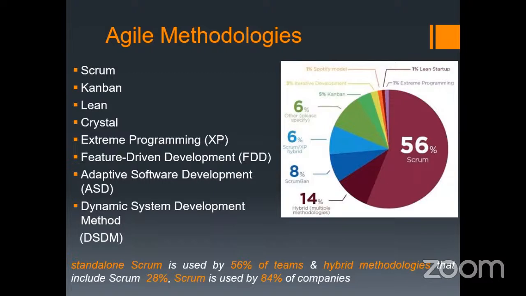Feature-driven development, adaptive software development, dynamic system development method. But out of this, you can see that 56% of organizations are using Scrum, and these organizations are not only in the software industry; other manufacturing industries are also using Scrum, as well as there are 28% of industries which are using Scrum with the hybrid approach.